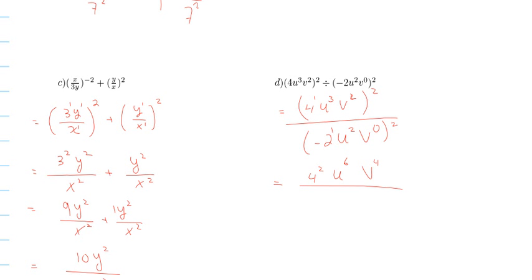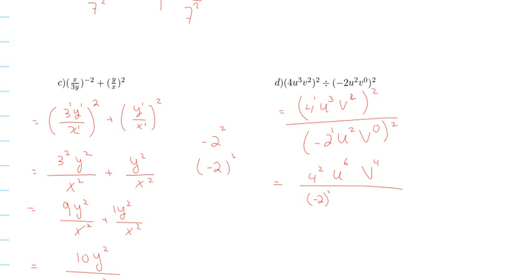How about this one? It's going to be negative 2, squared. It is important that at this time you put brackets around the negative 2 because the whole number is squared. There is a difference between negative 2 squared and negative 2 all squared. The first one, only the 2 is squared, so your answer is going to be negative 4.